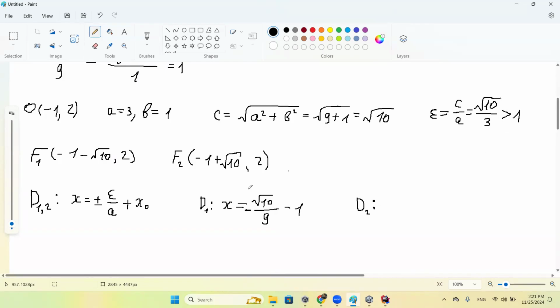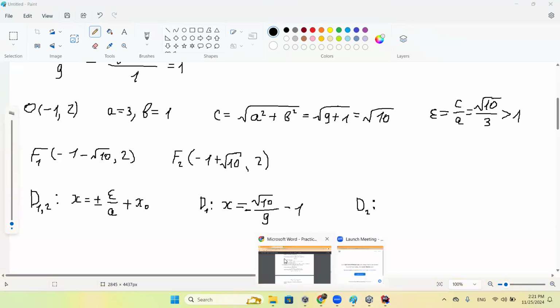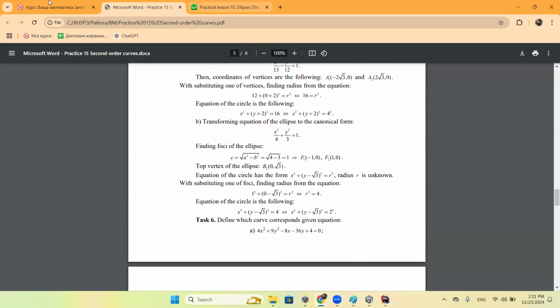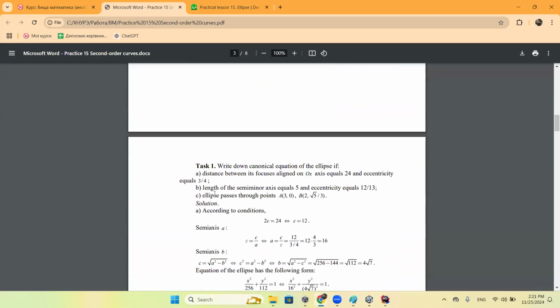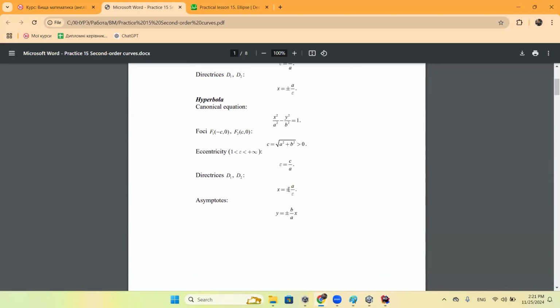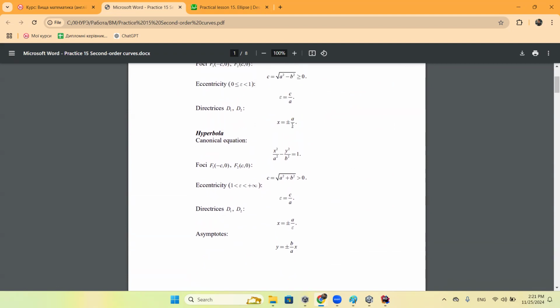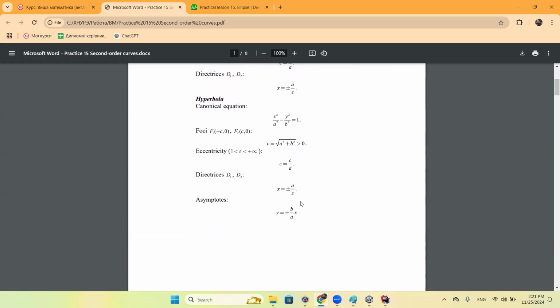Because we need to divide eccentricity by a semi-axis. So the formula of the directrices is the same for hyperbola and ellipse as well. So we divide a by the eccentricity.